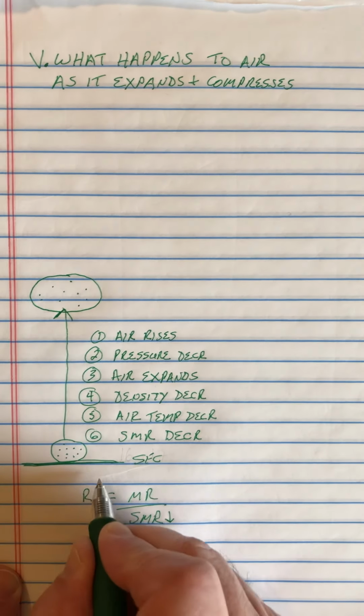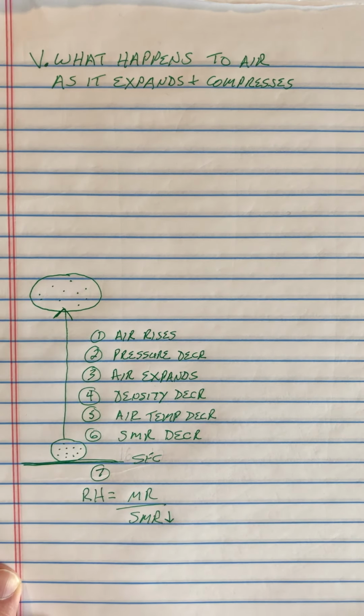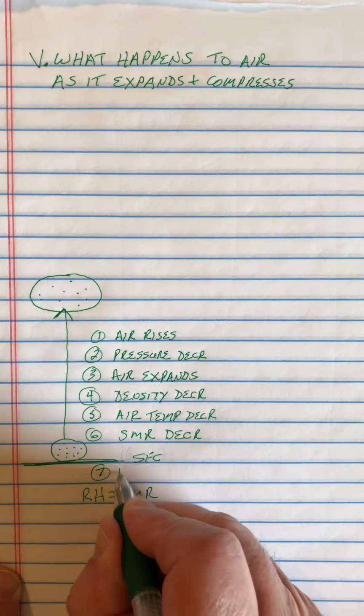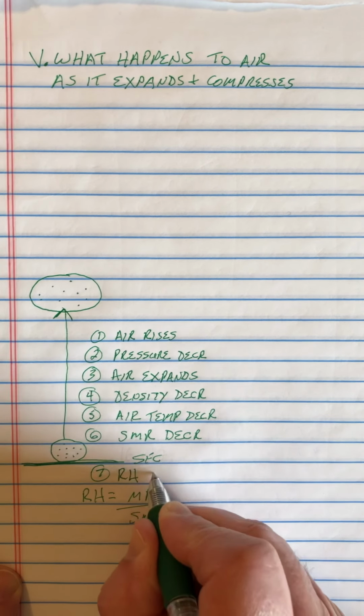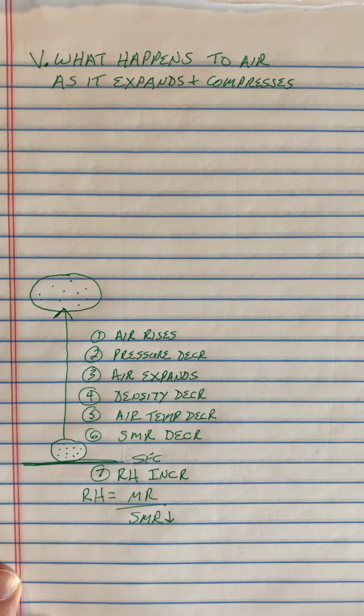So typically, as air rises, pressure decreases, the air expands, the density decreases, and the air temperature decreases. Therefore, saturation mixing ratio decreases, and relative humidity will typically increase as air rises.